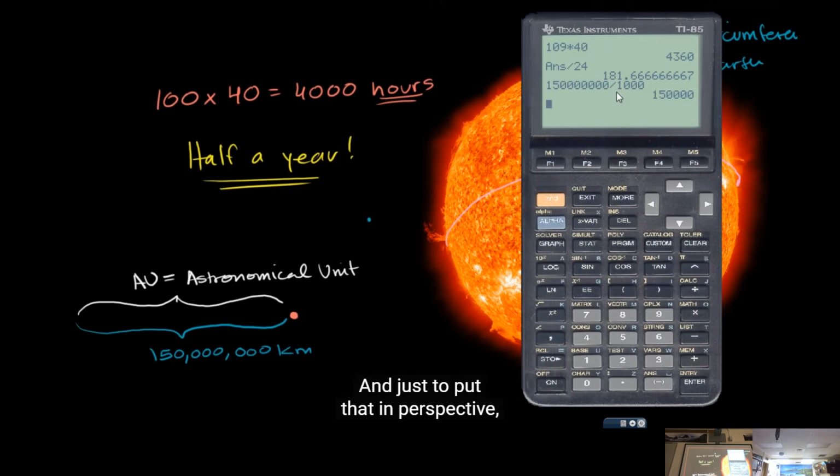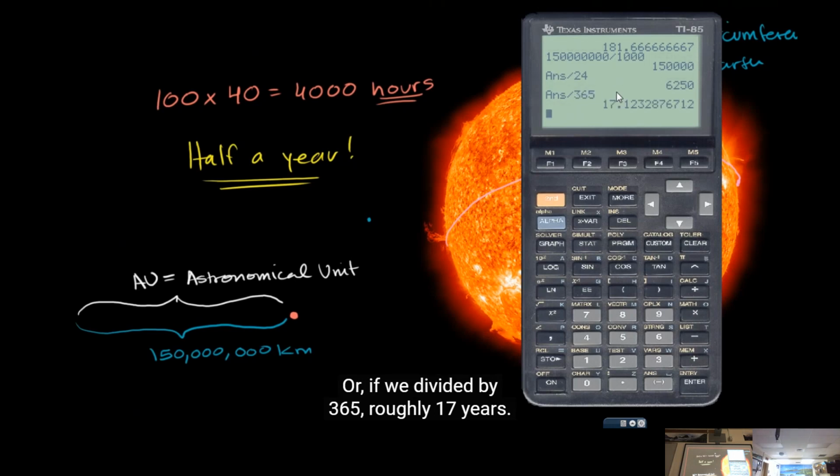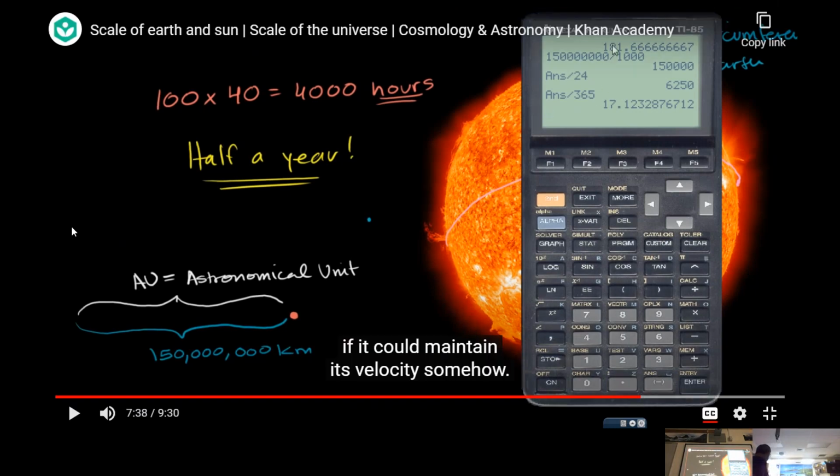And just to put that in perspective, in days, there's 24 hours per day. So this would be 6,250 days, or if we divide by 365, roughly 17 years. If you were to shoot a bullet straight at the sun, if it could maintain its velocity somehow, it would take 17 years to get there.